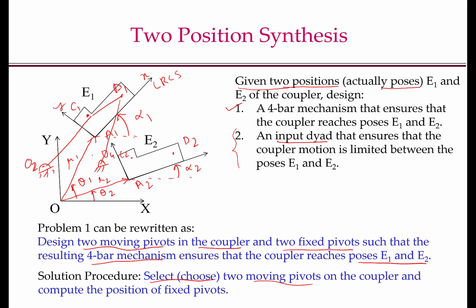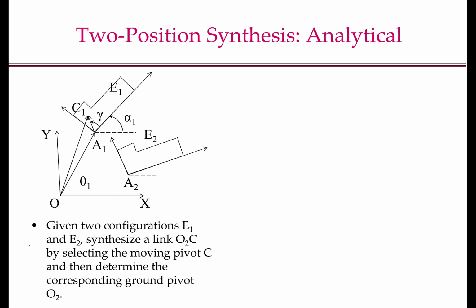As you will see, the procedures to obtain O2 and O4 are identical once we have chosen C and D. Therefore, we'll first concentrate on showing how to compute O2 given that we have chosen C. This is what is summarized in this sentence here: given the 2 configurations E1, E2, which basically means R1, which is the length of OA1, θ1, the angle OA1 makes, R2, which is the length of OA2, the angle θ2, the angle alpha1 here, and the angle alpha2.